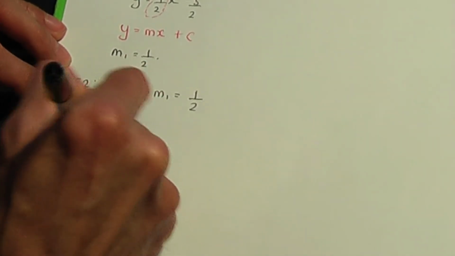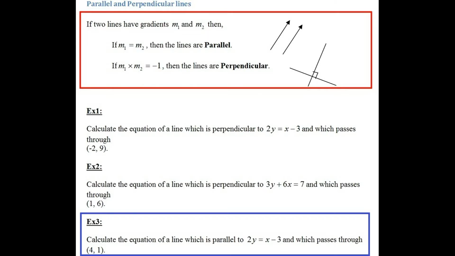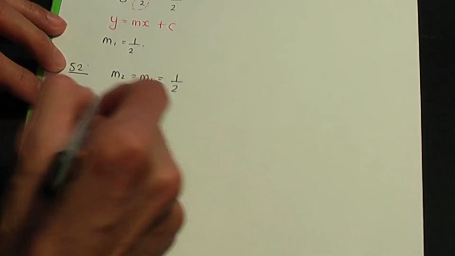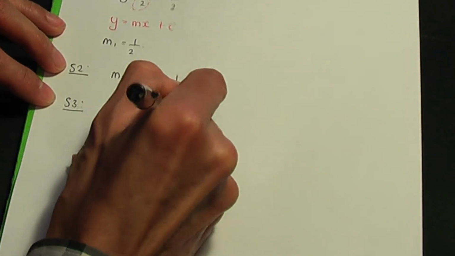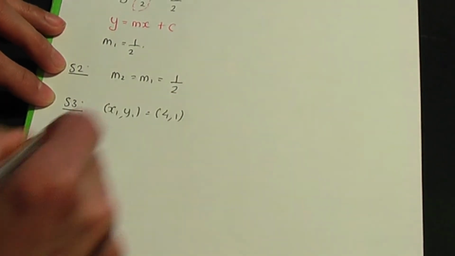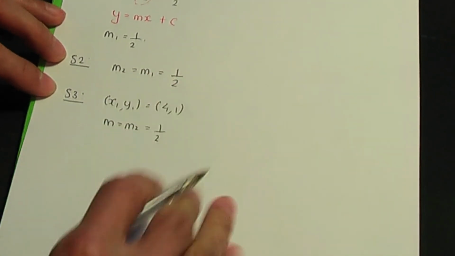This takes us to the last step, step number 3. So if we go back to the question, the line that we're calculating passes through the point 4, 1, and we have the gradient. So we're ready to work out the equation of this line. So back to the paper and pen. Let's gather the data. So x1 and y1 is 4, 1. m is the value of m2, which is half.